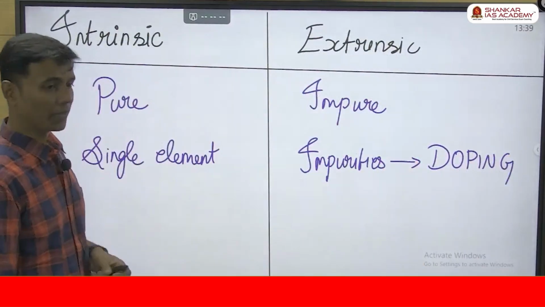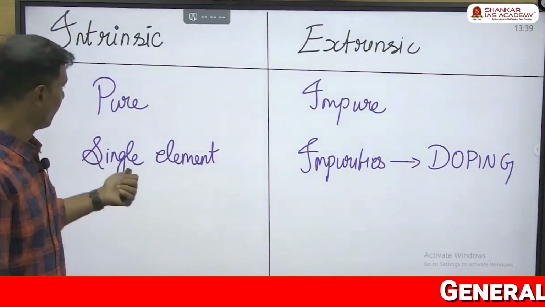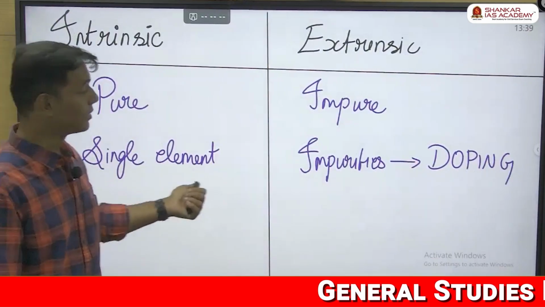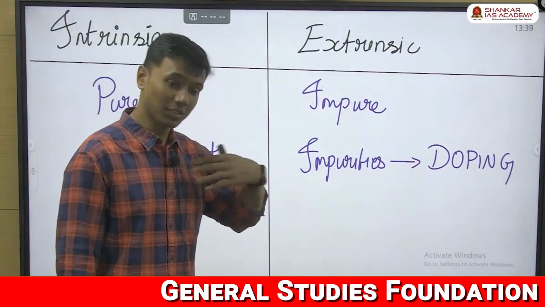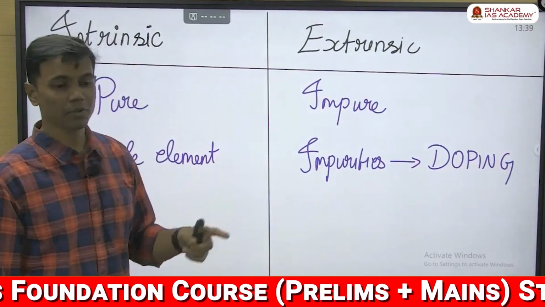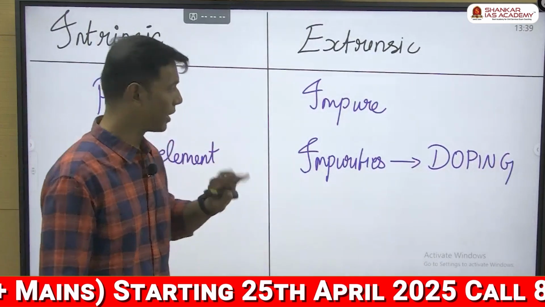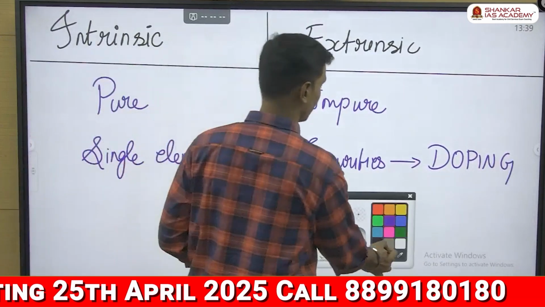In sports, when we say doping, it means usage of banned substances. Very similar to that. In this case, you have an intrinsic semiconductor, and inside it you are adding impurities. We are voluntarily adding impurities to increase the conductivity. So the process of adding impurities is called doping, and the material being added is called the dopant.